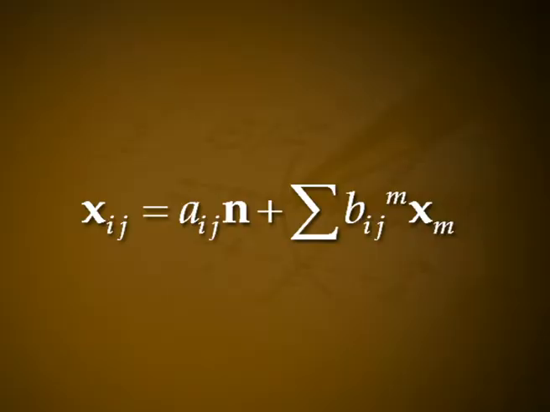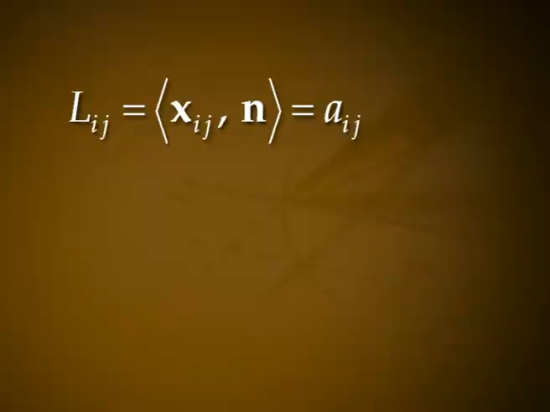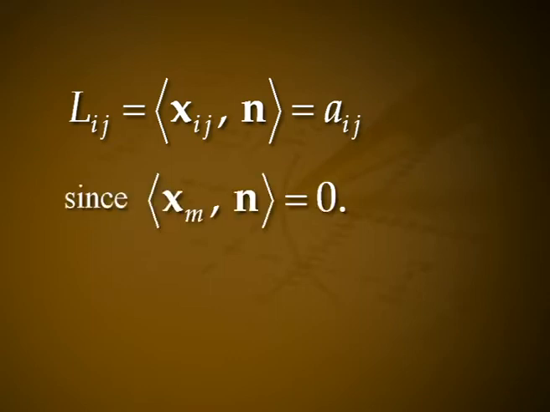Proof. (a) Since n, x_1, x_2 are linearly independent and hence a basis of R³, we may express any arbitrary vector as a linear combination of these three vectors. In particular, there are functions a_ij and b_ij^m defined on U such that x_ij = a_ij n + Σ b_ij^m x_m. Thus, L_ij = ⟨x_ij, n⟩ = a_ij, since ⟨x_m, n⟩ = 0.